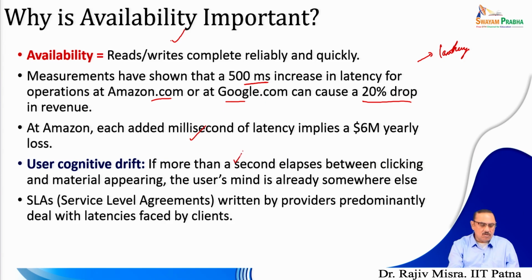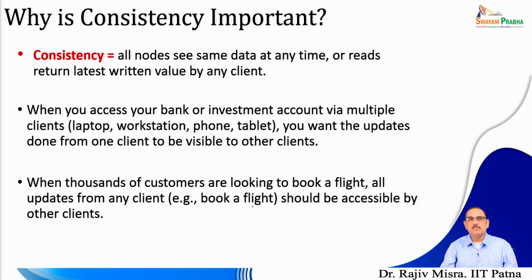User cognitive drift: when more than a second elapses between the clicking and material appearing, the user's mind is already somewhere else, and this is going to lose the business. Therefore, service level agreements written by the provider predominantly deal with the latencies faced by the clients. So, availability is going to be an important consideration in some of the applications.